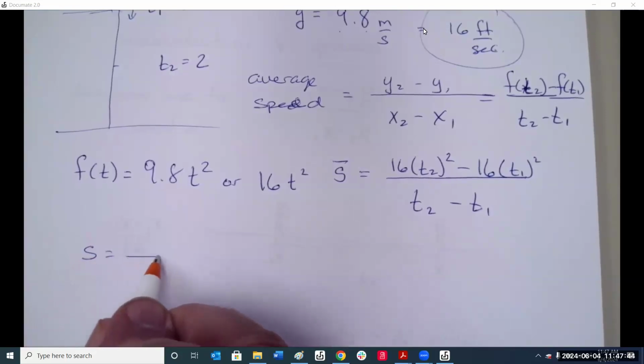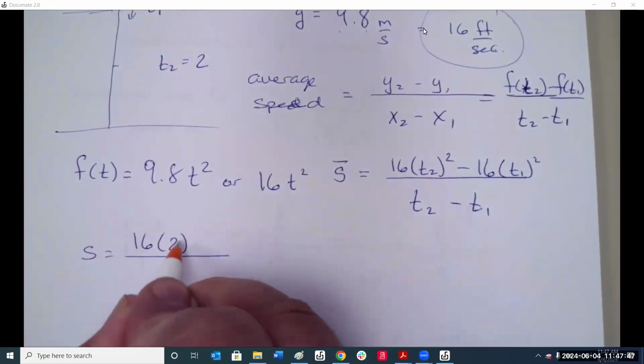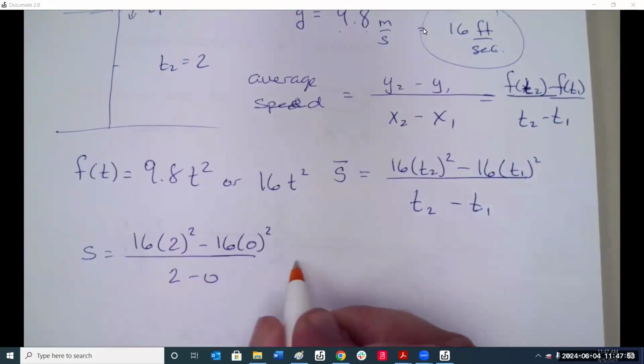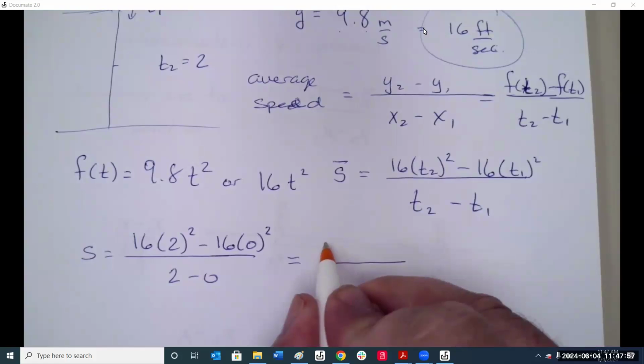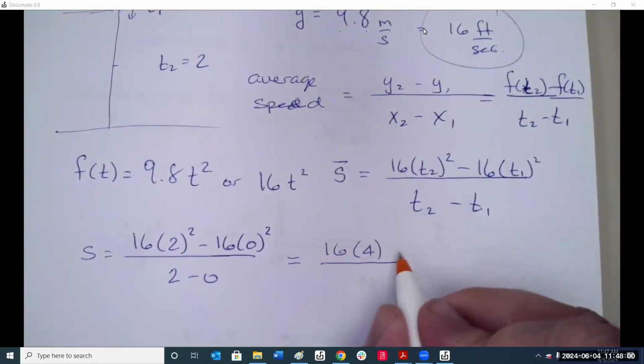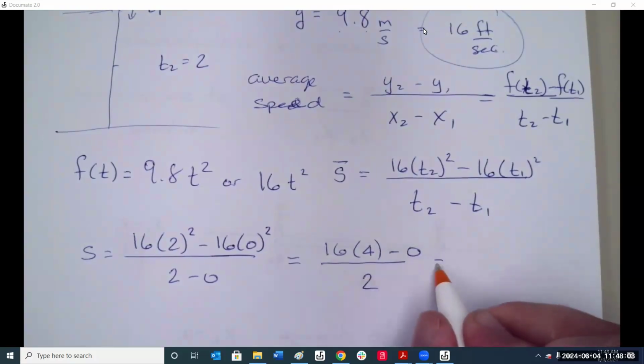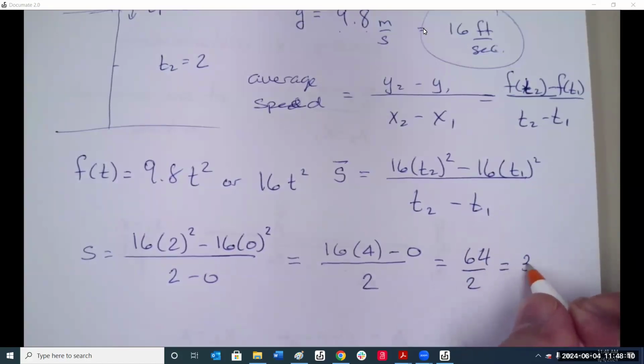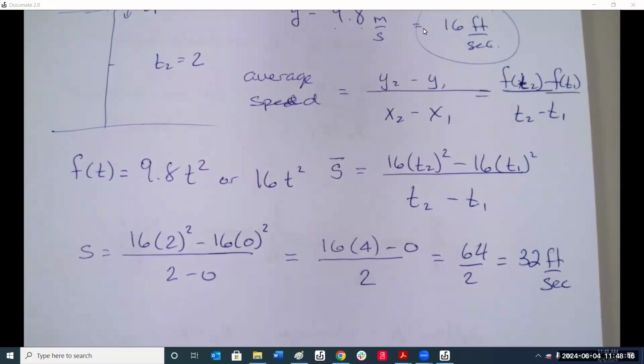So our average speed is 16 times 2 squared minus 16 times 0 squared, over 2 minus 0. So that's the average speed for the first 2 seconds of fall.